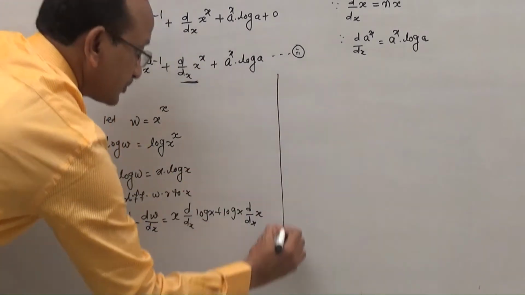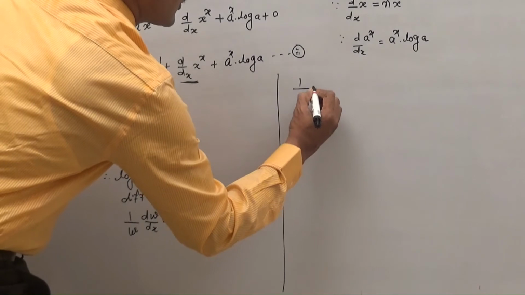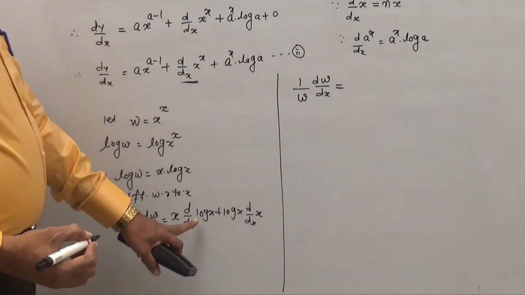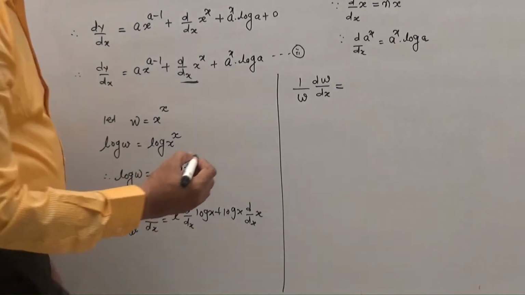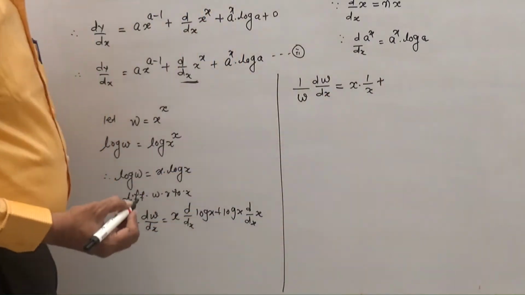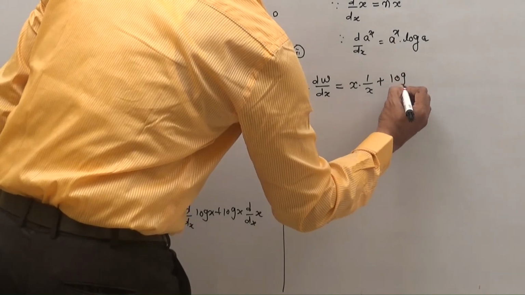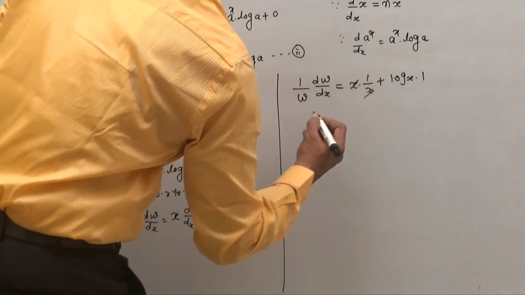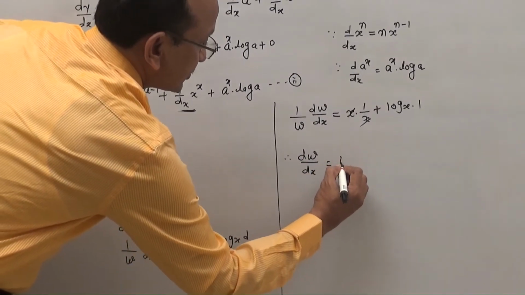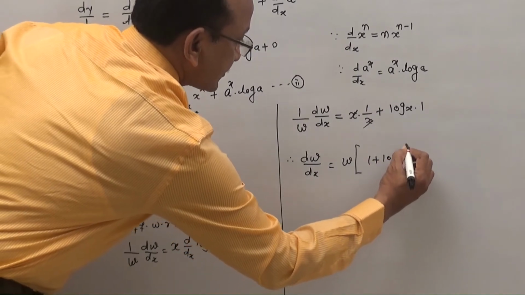So now 1 upon w dw by dx is equal to x into derivative of log of x, which is 1 upon x, plus log x into derivative of x, which is 1. So x cancels. Therefore dw by dx is equal to w times 1 plus log of x.